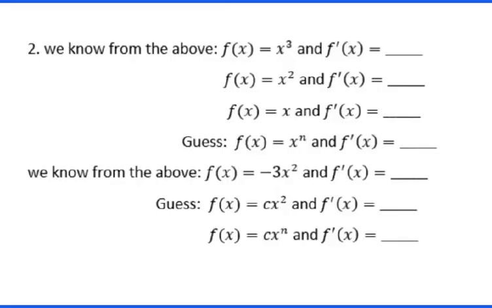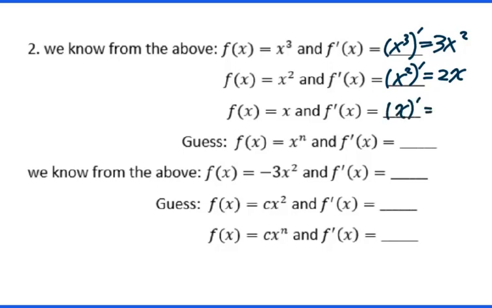We can also draw the conclusion. We know that the derivative of x to the third power equals 3x squared. Derivative of x squared is 2x. Derivative of x equals 1.